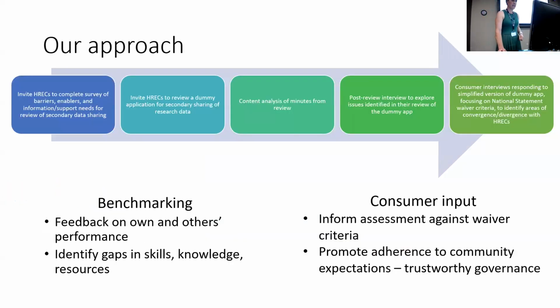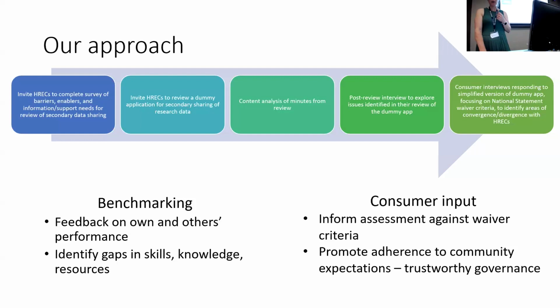So what can we do about this? Well, as part of a bigger project that we're doing for the ARDC, we're running an ethics benchmarking exercise in which we're inviting all the HRECs to review a dummy application for secondary data sharing. In our fictional application, there will be some ambiguity about the scope of the original consent, which is extremely common in reality.